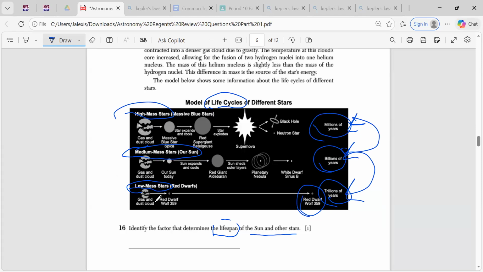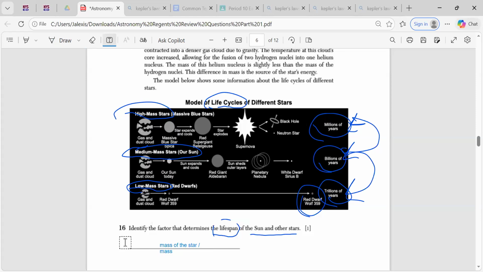So what's the factor that determines whether a star is going to live on for trillions of years, billions of years, or even millions of years? It's the same factor that separates these three categories: high mass, medium mass, and low mass. So that means the factor must depend on the mass of the star, or if you wrote just mass.